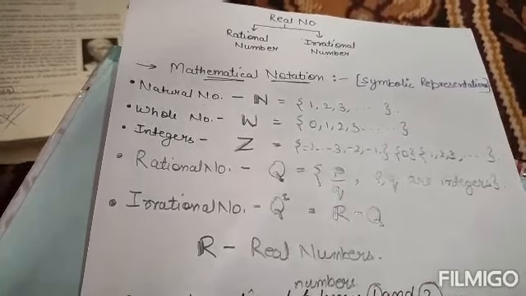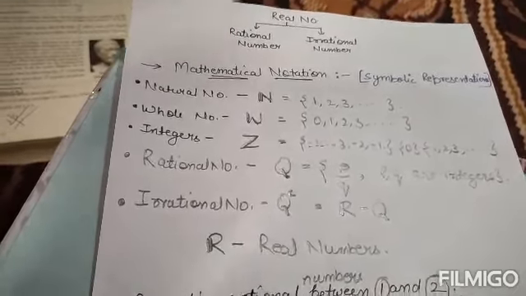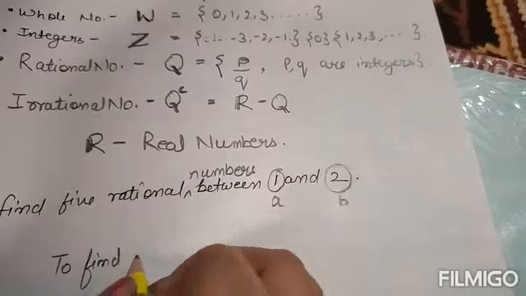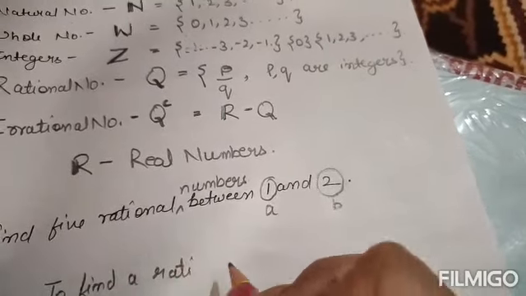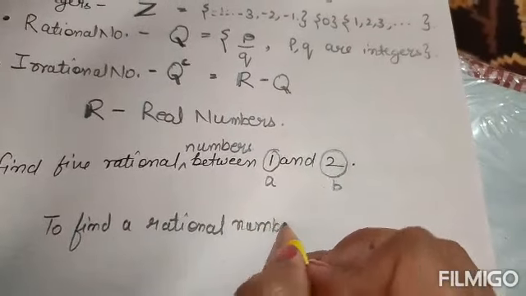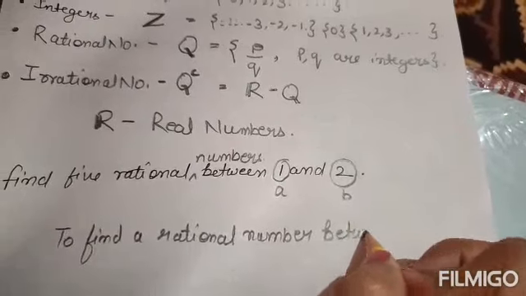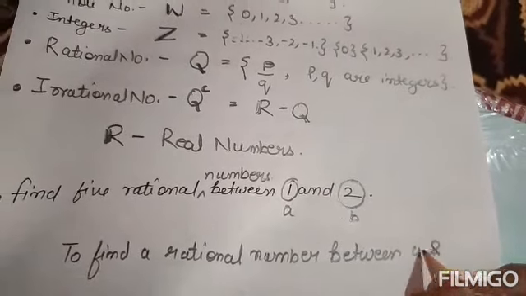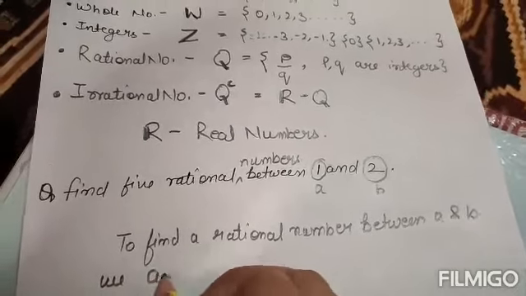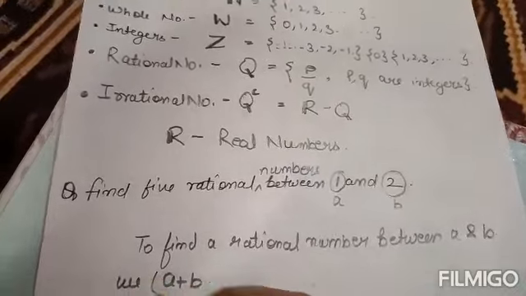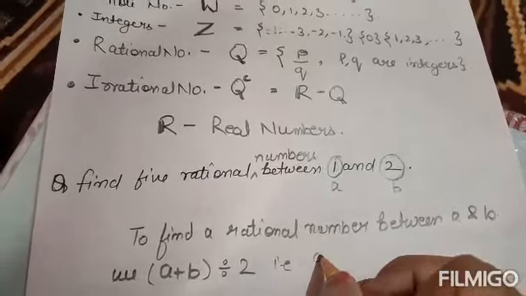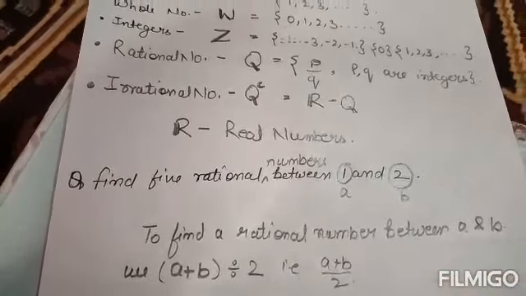Take 1 as A and 2 as B. To find a rational number between A and B, we will add A and B and divide it by 2. That is (A plus B) by 2.